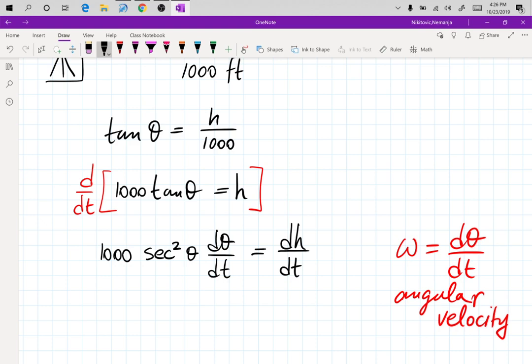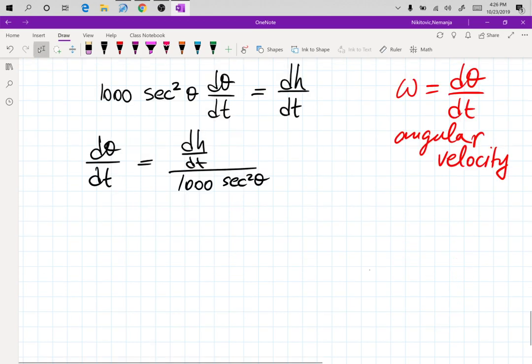So now I know I need d theta dt alone because that's my omega. Kick everything to the other side. So that's going to be my dh dt divided by 1000 secant squared theta. Oh wait, this secant squared theta in the denominator is actually a cosine squared in the numerator.